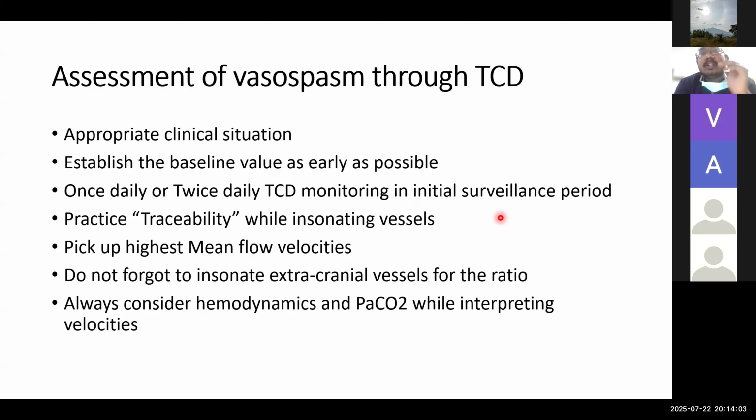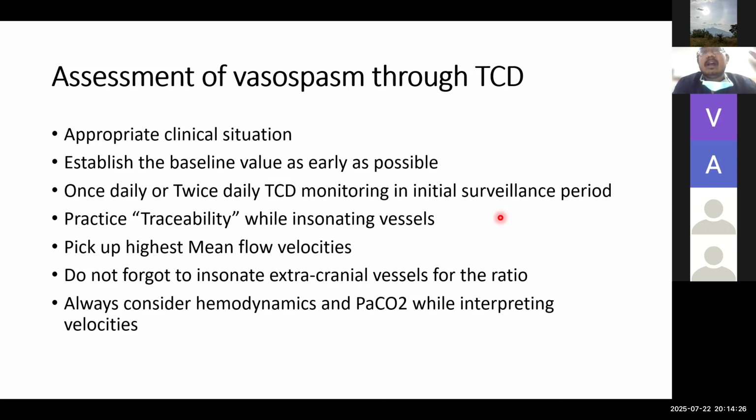Apart from aneurysmal SAH, there are also traumatic SAH, ICH, and even acute bacterial meningitis.